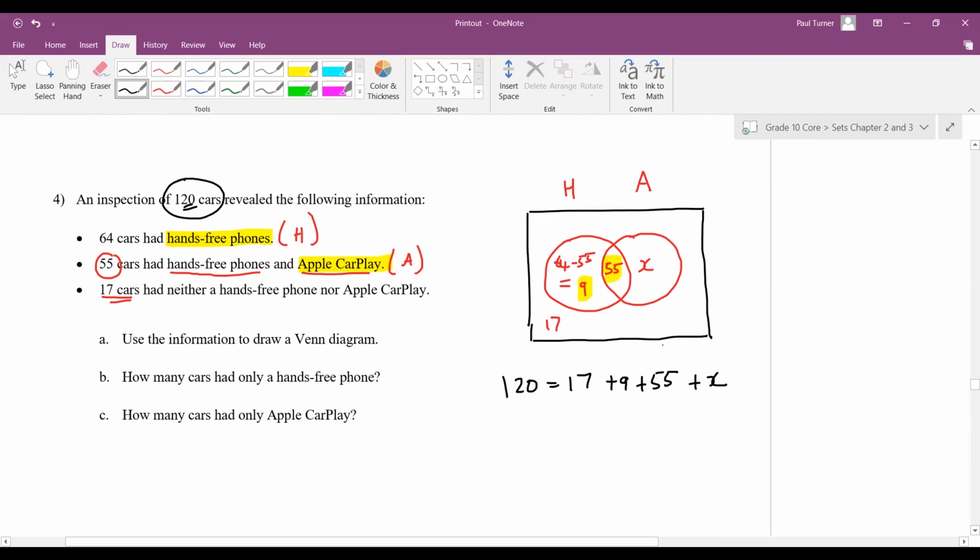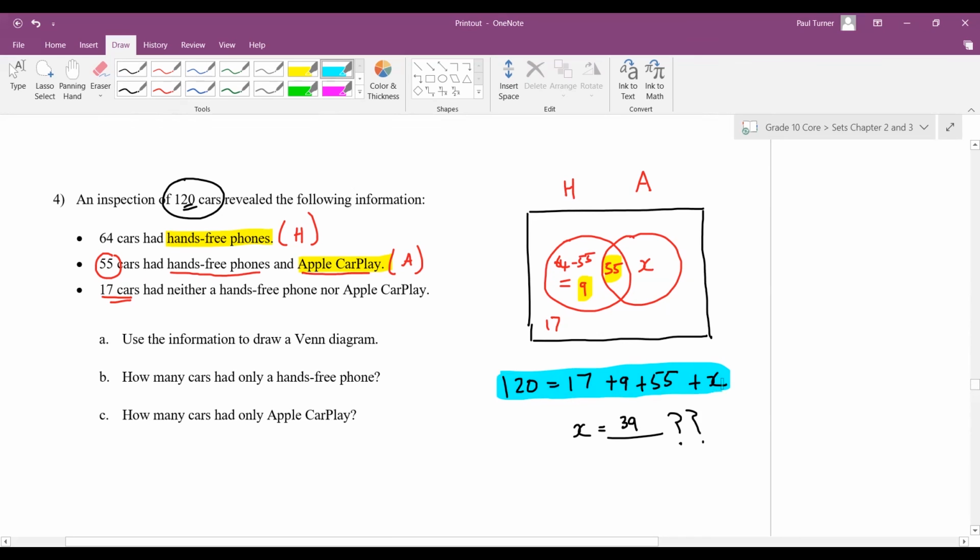Then you can calculate X. If you do that, you should get 39 here. So you check this one. That's the answer in the answer key. So you check, you get that. And that's your equation here for that one.